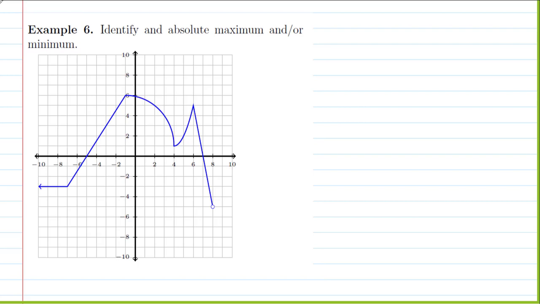So absolute maxes are going to be the largest y value. So our absolute maximum is going to be here. That has our largest y. And we're going to have the ordered pair, -1 and 6.